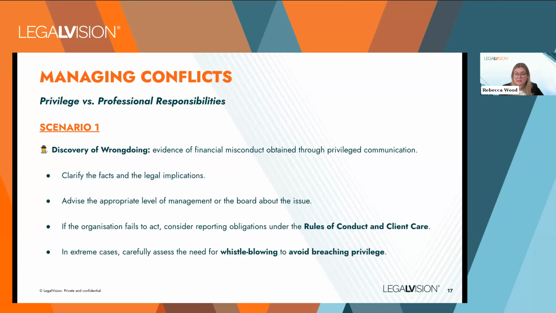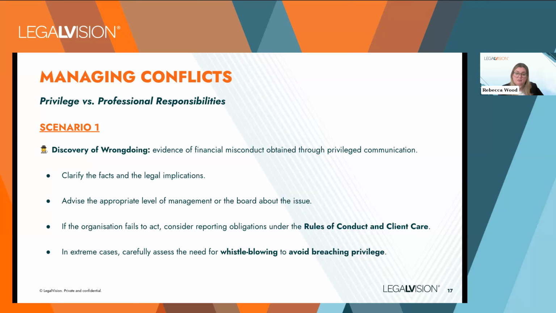So firstly, you would need to make sure, and I guess reflect back on making sure, that perhaps commercial advice and legal advice are being separated. So if you're delivering legal advice, make sure that it's going to the right people, make sure that it's clearly identified as being a privileged communication.